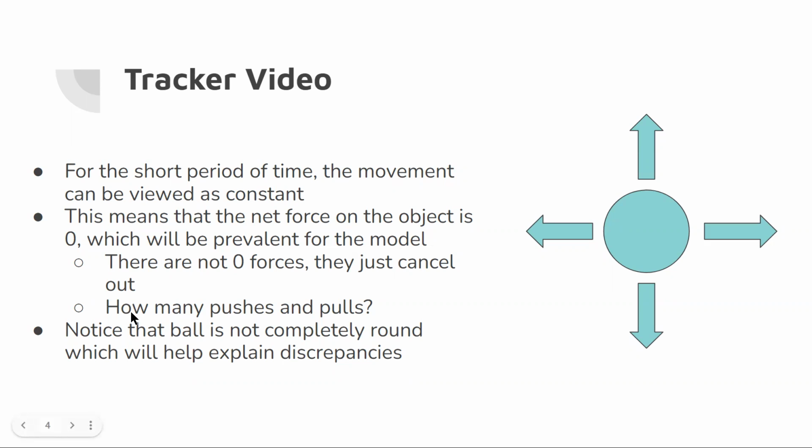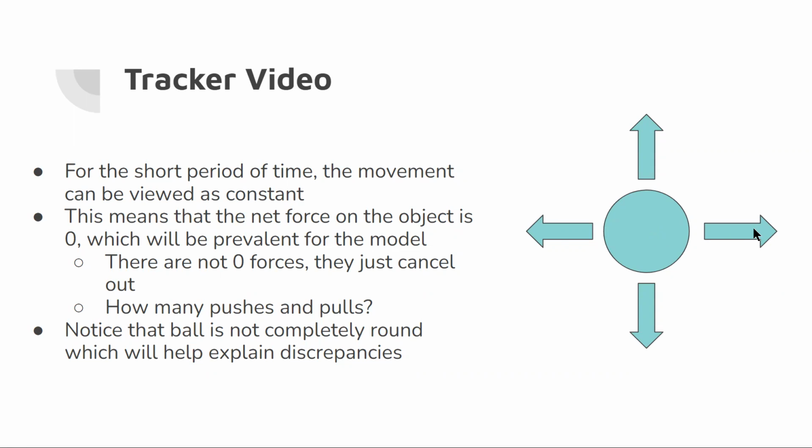So a question that can be asked is how many pushes and pulls are on the ball? And I believe there are 4, as shown here. The down force in the negative y direction would be gravity, and in the positive y direction would be the normal force, where essentially the ball can sit on the floor because when there's a force, there is an equal and opposite reaction. So that's why the ball can just sit on the floor normally.